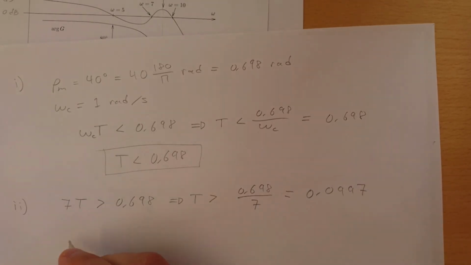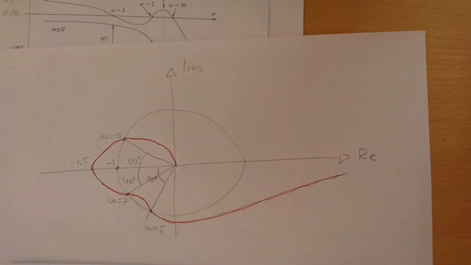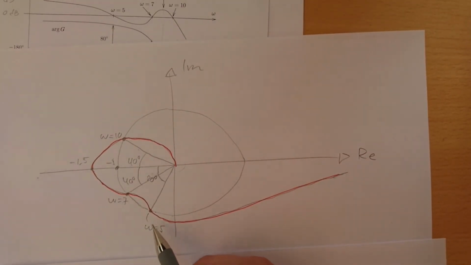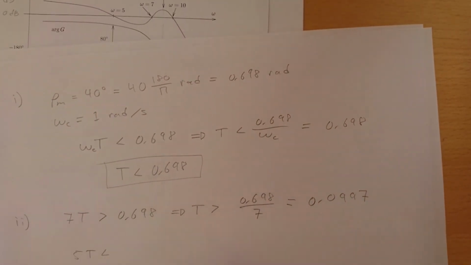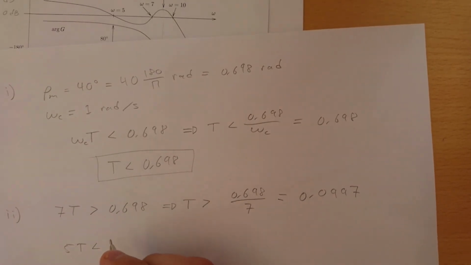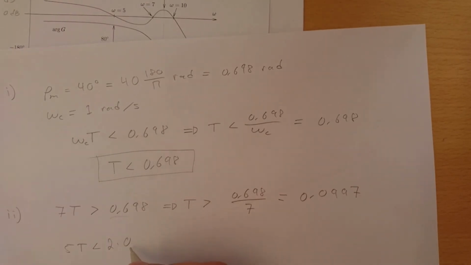0.0997. And then we had the decrease at 5 radians per second, and that could not be larger than 80 degrees. So this one must, in other words, be smaller than 80 degrees, which is 2 times 40 degrees, which was this, so 2 times 0.698.